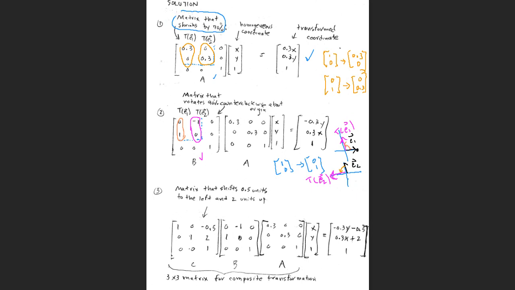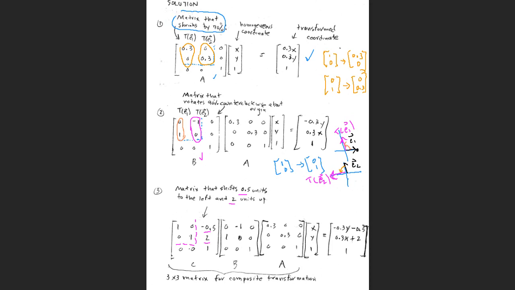But okay, here now, here's the matrix that shifts five halves unit to the left and 2 units up. Right, Mikhail. So now you just have the identity here in the top left-hand corner. And then there's your, they call it the H and the K, right?